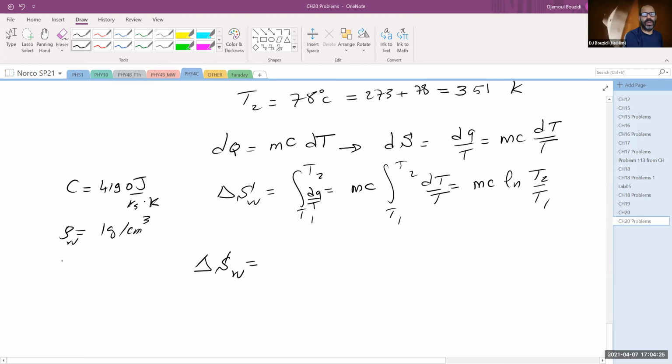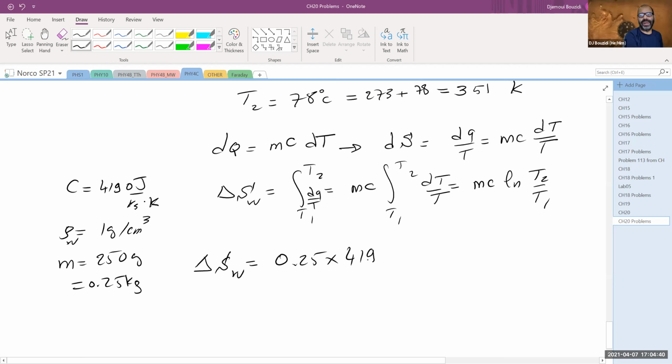So the mass of this water is 250 grams or 0.25 kilograms. Okay, so we need M and we need C, both of them. So what I have in this case is 0.25 times 4,190 times ln of 351 divided by 293.